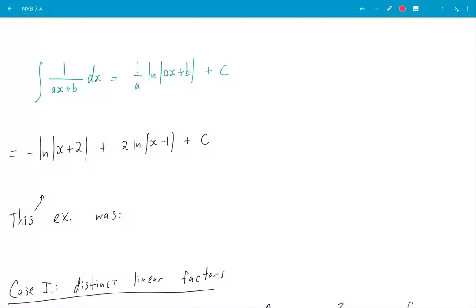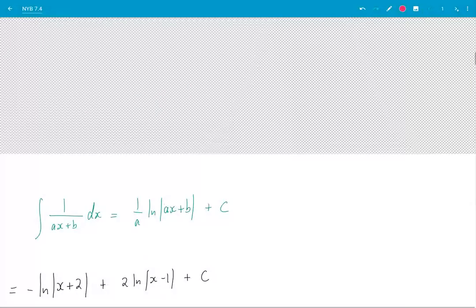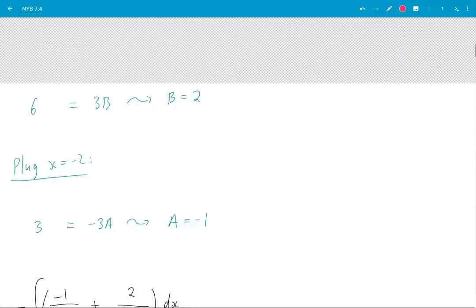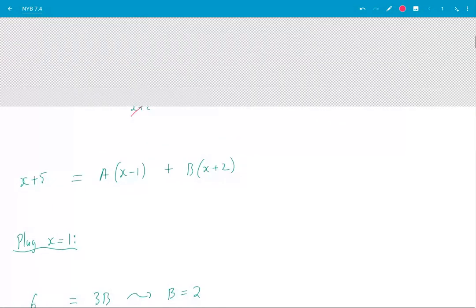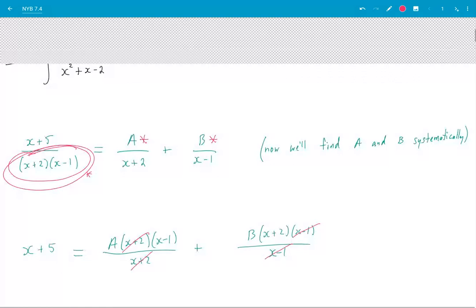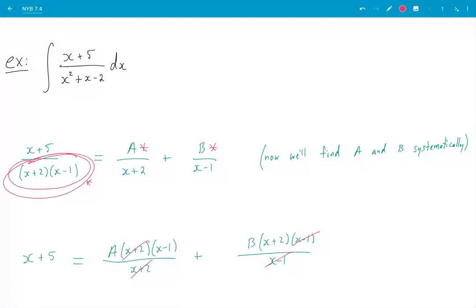So you have two distinct linear factors that make up our denominator at the beginning. Let me just scroll up to show you. So this original denominator was, when you factor it, a product of distinct linear factors.